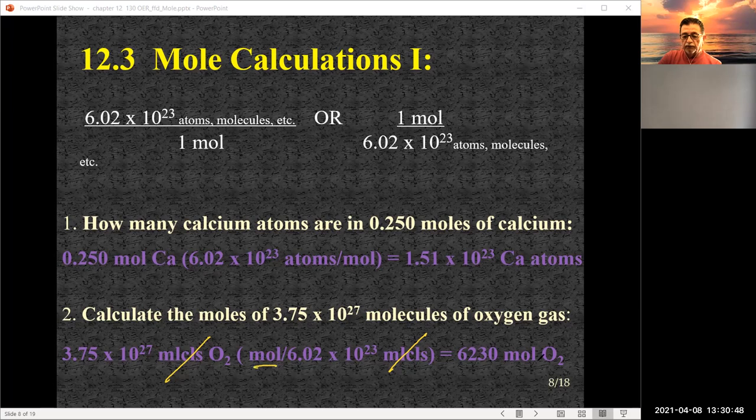Moles in the numerator, which is what I'm looking for because the question asks for moles. And as I stated way back when, if you set your problems up in this manner with conversion factors and you follow the units, you will not have a problem making sure you set it up properly.